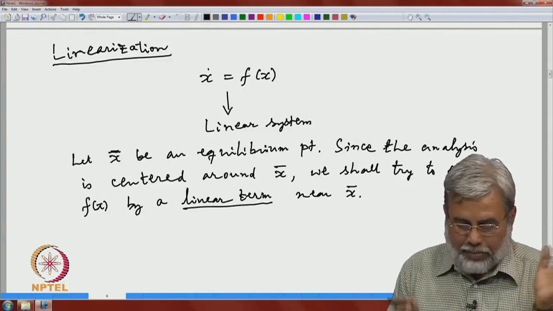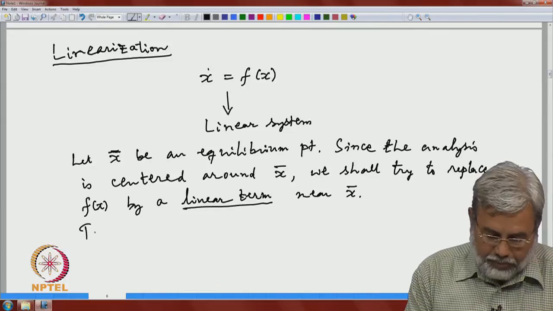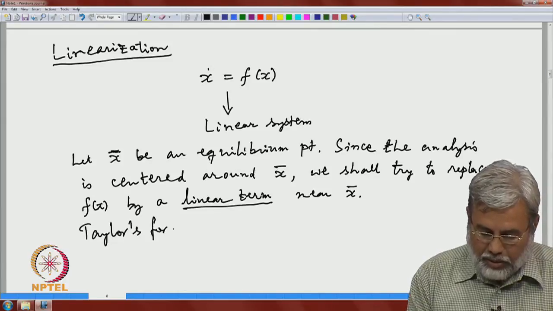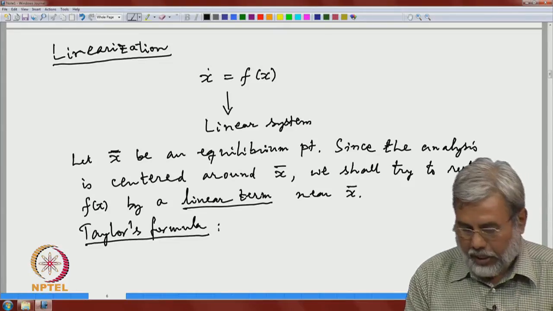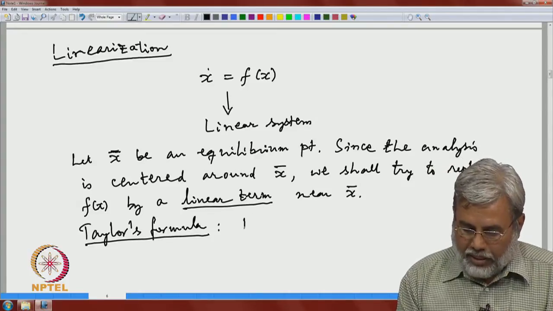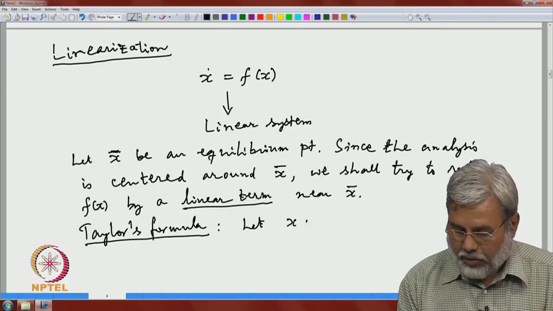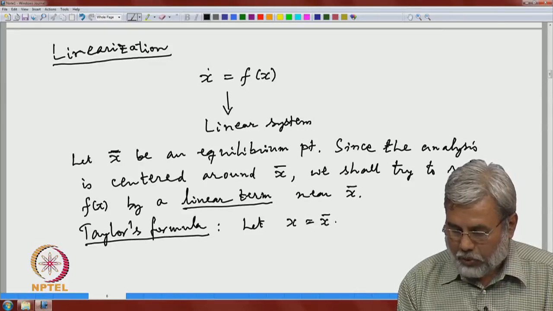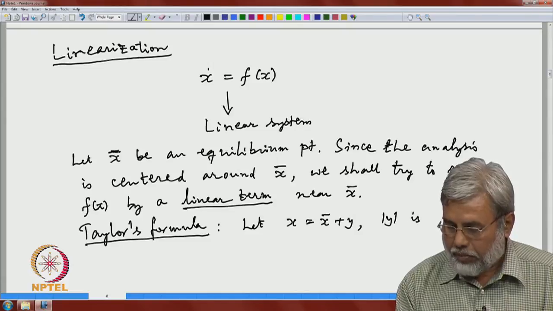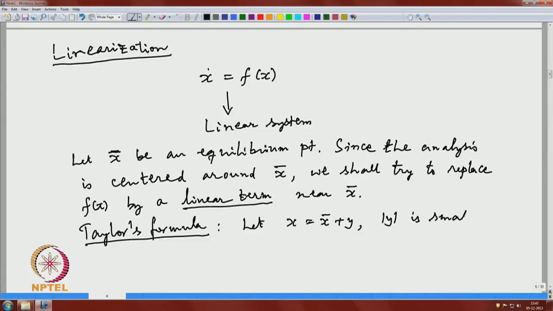So, let me explain that. Taylor's formula. Let x equal x bar plus y, where y is small because we are just concentrating near x bar.